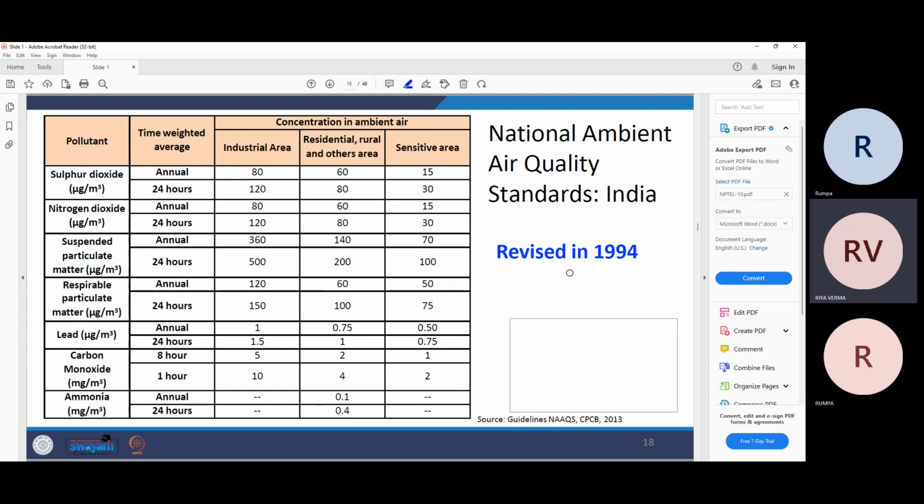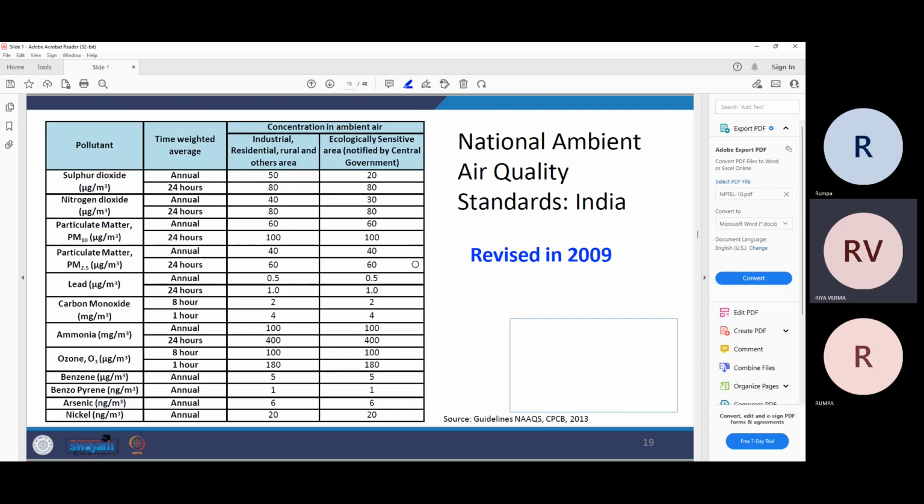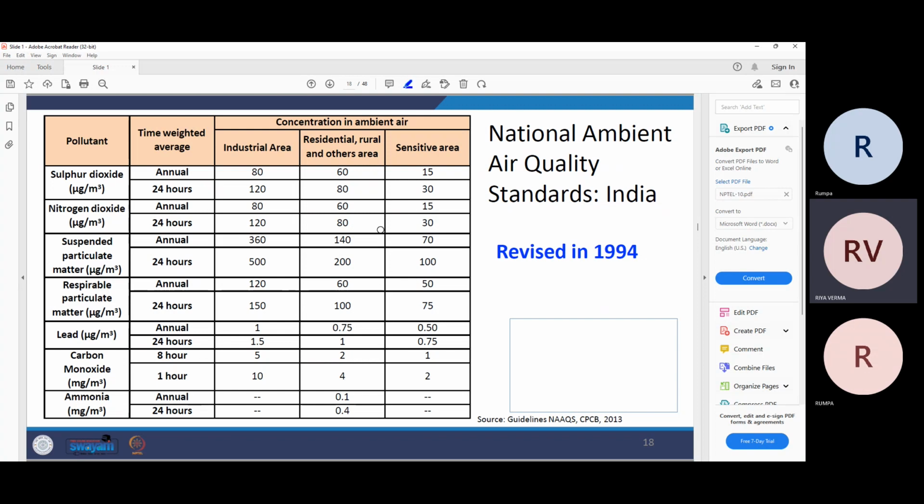So this was in 1994, and these are the values in 2009. So for the pollutants, the concentration limits are given for industrial, residential, rural, and other areas. The permissible limits were the same for these areas, and for the ecologically sensitive areas the limits will be different. So earlier this bifurcation was in three parts.